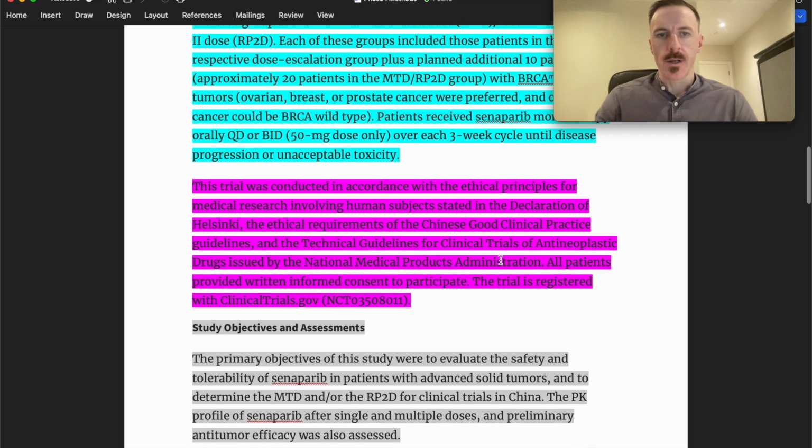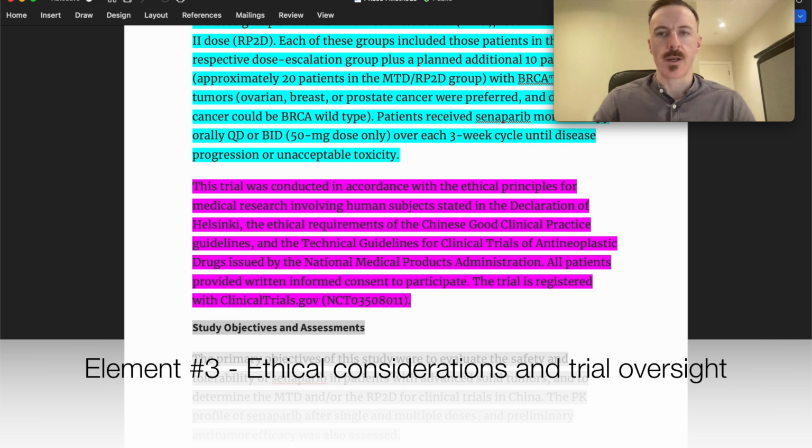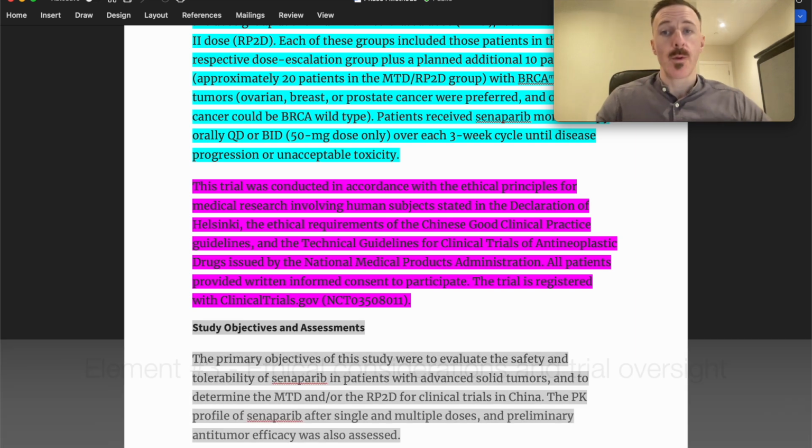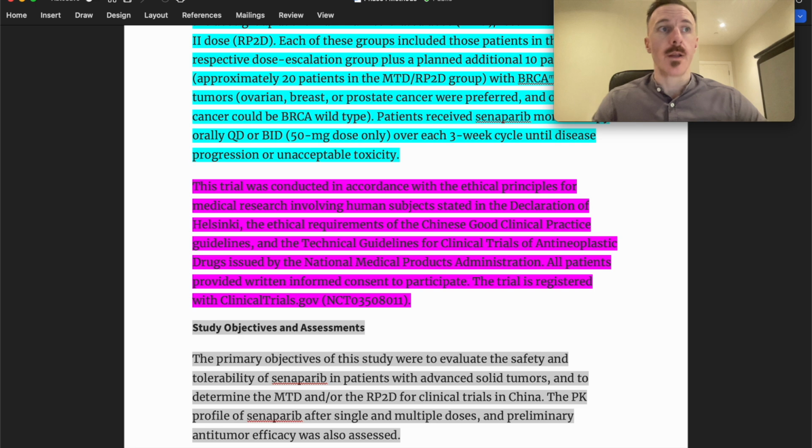So this content in purple, this is with respect to the ethics and oversight. So for good publication practice, ethics and oversight considerations must be reported in a paper reporting on a clinical trial. So this is often done at the end of the study design section, or it can also be included in its own subsection at the end of the trial.